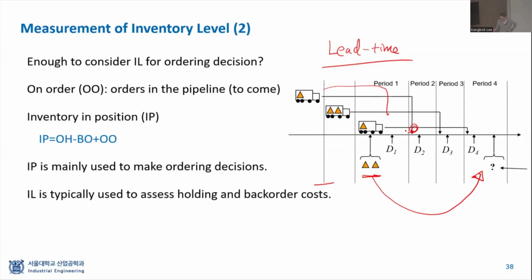In order to characterize this kind of structure related to the lead time, I have to have OO, in other words, on order. On order is something that I have ordered but that has not yet arrived.